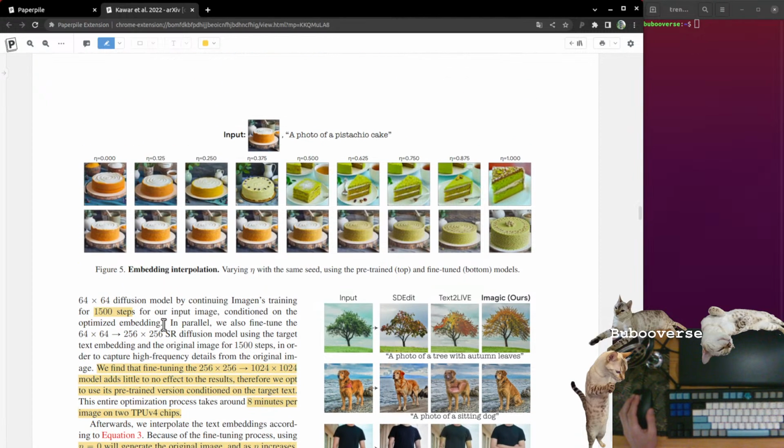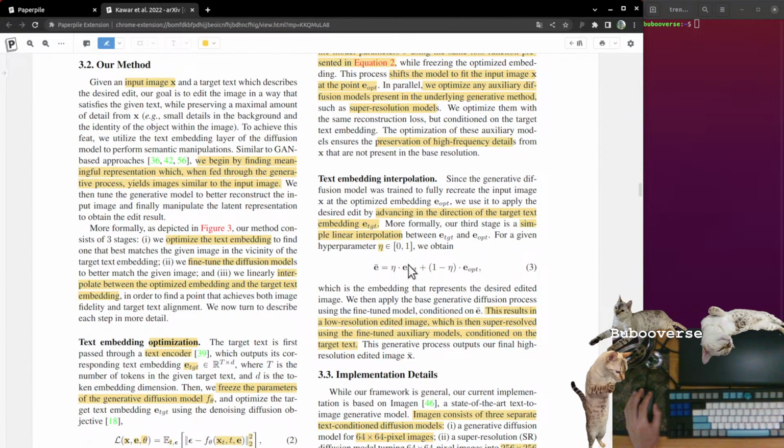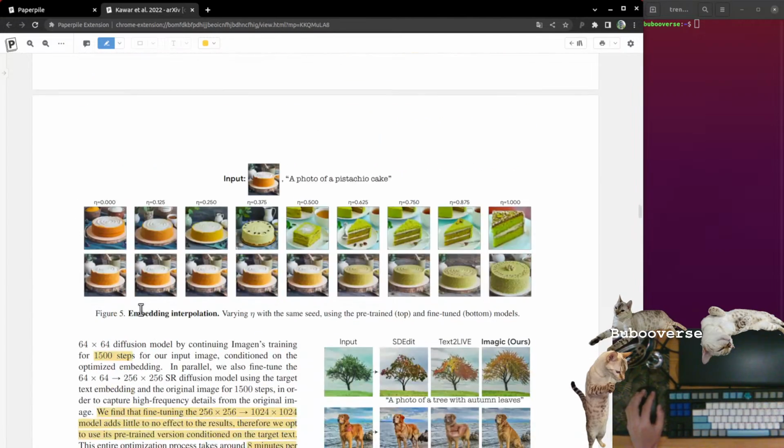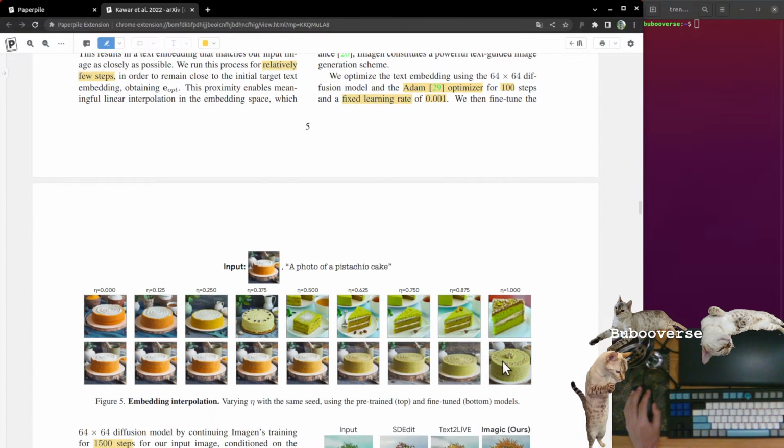All right, so let's look at the actual figure 5 that we were looking at. This is different input images here, and then this is interpolating. When n equals 0 here, this is the eTarget. So this is the target image, or the embedding at the target image, and then this is the embedding at the optimal image.